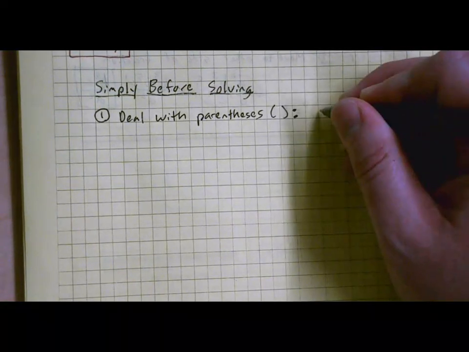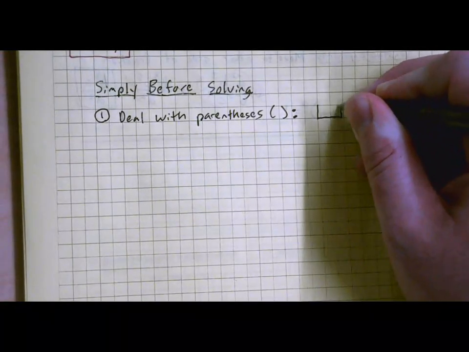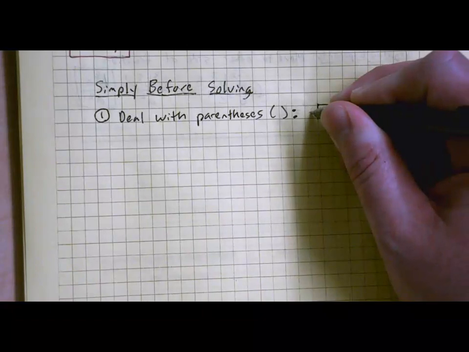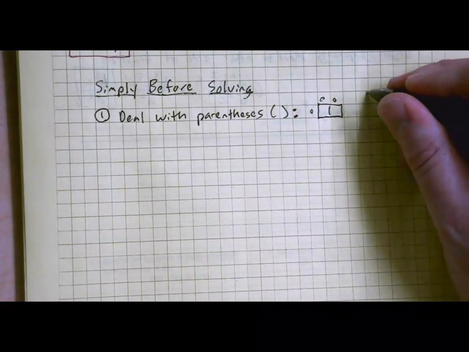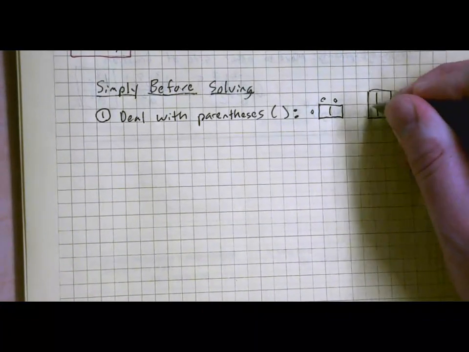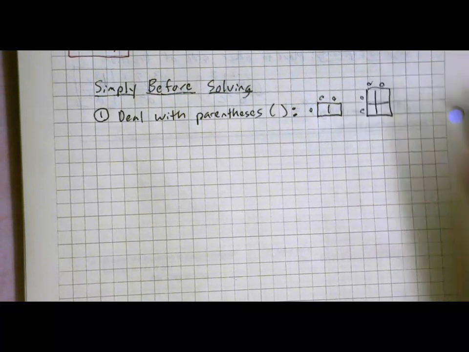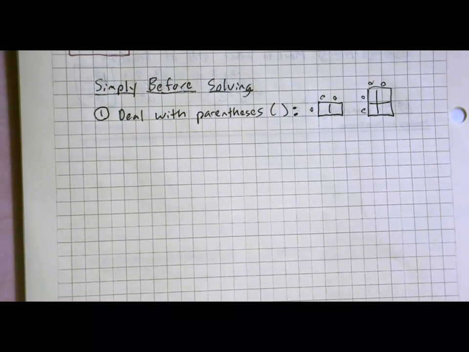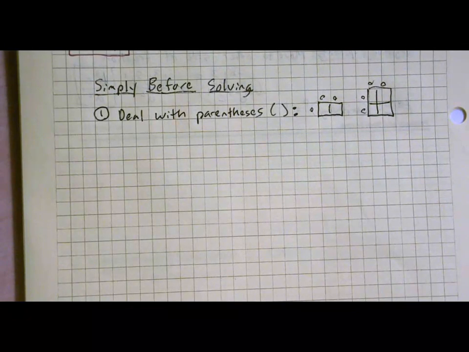It's kind of like when we have these boxes and we've got some stuff out front and up here, or sometimes we've got a box where we've got some stuff in the top and down the side. But when we do that, what we're doing is getting rid of the parentheses. So step 1, we always want to get rid of any parentheses we have. We can't really solve equations when you have stuff locked up inside of parentheses. So that's step 1.